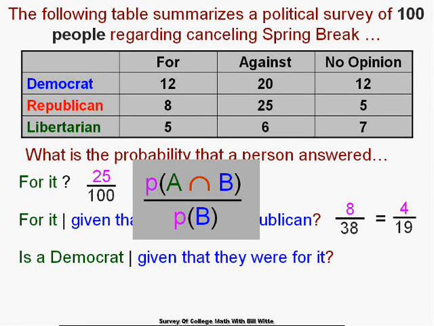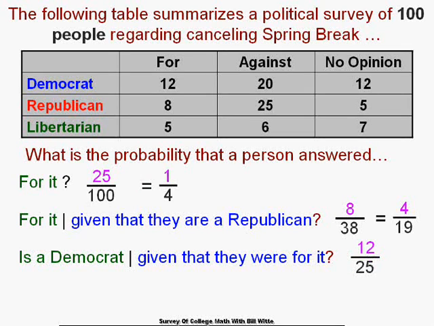Now, what's the probability of B, in other words, how many are just for it? Well, let's look in the for column. We have 12 plus 8 is 20, plus 5 more is 25. So the denominator will be 25. So we get 12 out of 25. That wasn't so bad, as long as you know the formula.